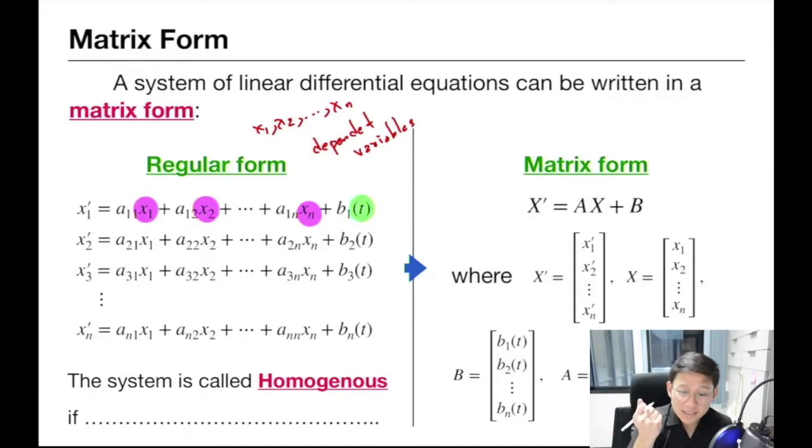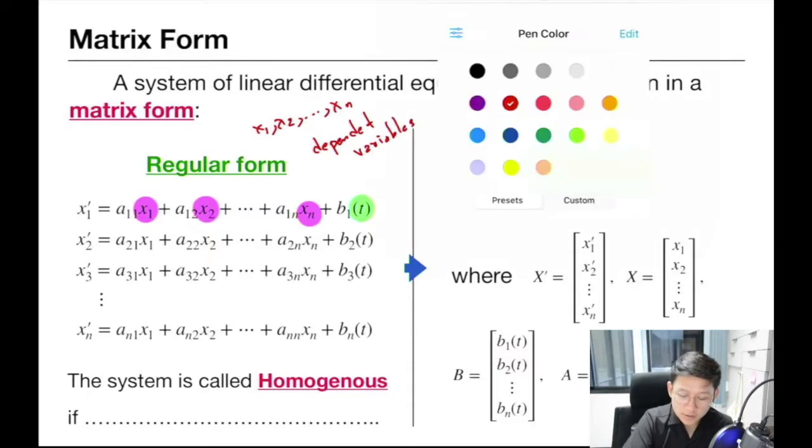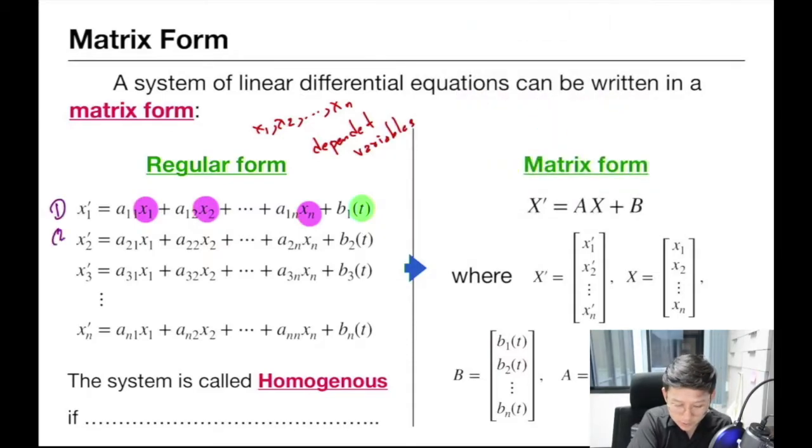So b are functions of t. Again, t is the independent variable. So here we have n equations, right? We have the first equation, second, third, until the nth equation. And that is the regular form.